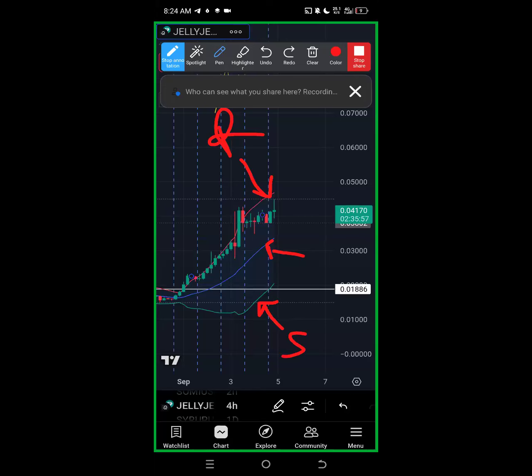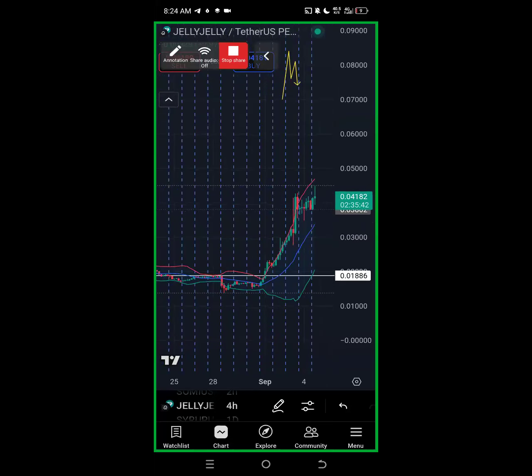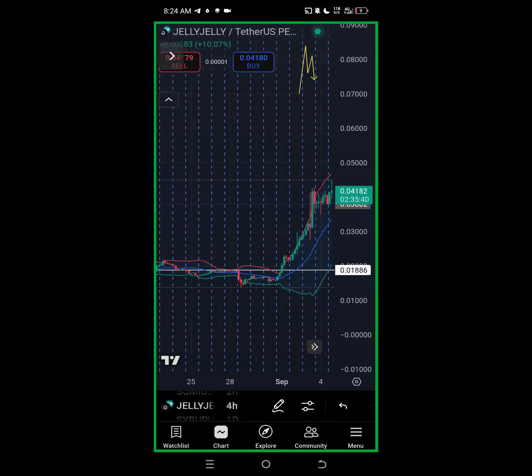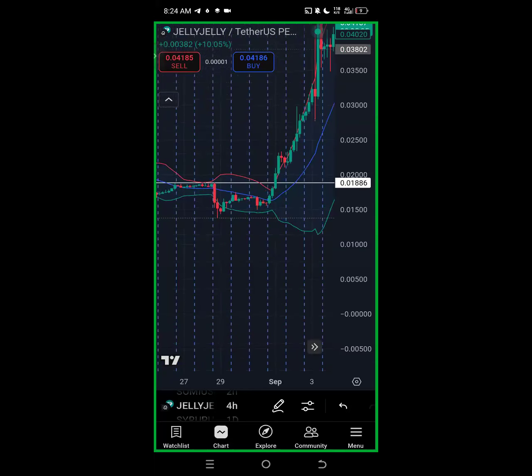What you must also understand is that when the Bollinger Band shrinks, we're talking about volatility. Before it shrinks, it starts from when it is actually wide.